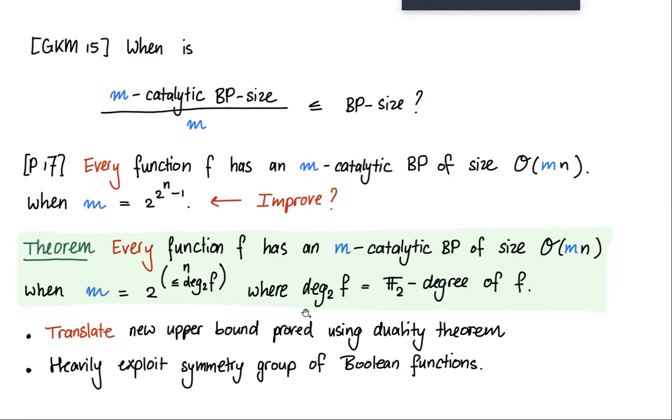And the way we obtain this theorem is by translating a new upper bound that we proved using our duality theorem, and by heavily exploiting the symmetry group of Boolean functions. So even though this notion of catalytic space is very different from catalytic algorithms, we can still use our result to get this construction. All right, thanks.